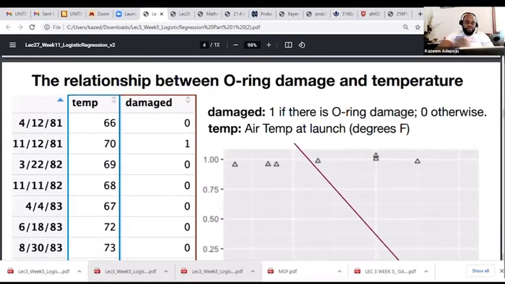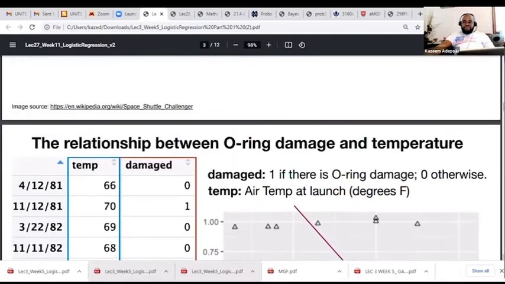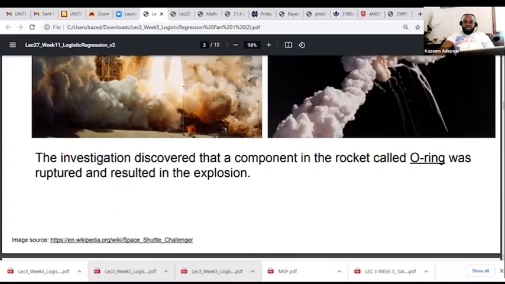Because of that, we want to look at the relationship between O-ring damage and temperature, because the investigation discovered that the component was ruptured, and we want to know what was the role of temperature in that.